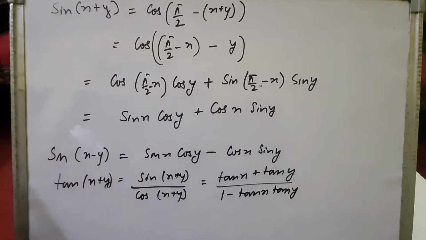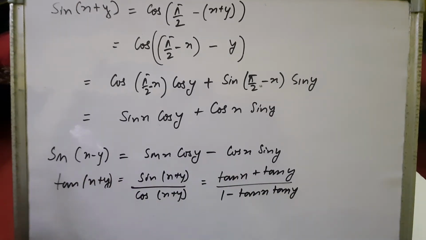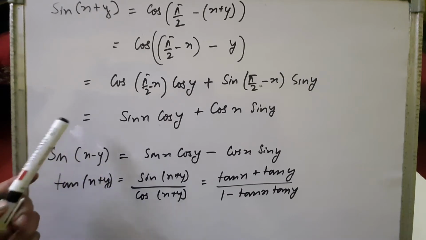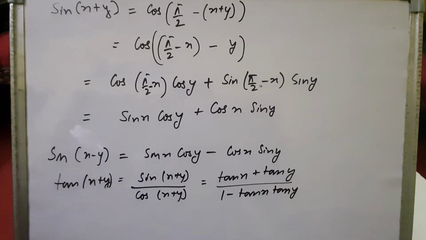Right, children? Similarly, when we solve sin(x-y), we'll get sin x cos y minus cos x sin y. Right, children? And when we have to calculate the value of tan(x+y), it will be sin(x+y) upon cos(x+y). So when we substitute these values, we have studied cos(x+y) is cos x cos y minus sin x sin y, and dividing both numerator and denominator by cos x cos y, we'll get tan x plus tan y upon 1 minus tan x tan y.